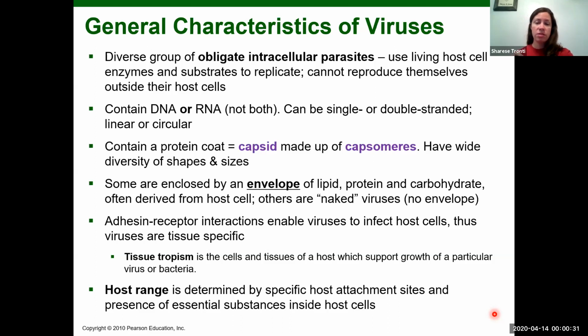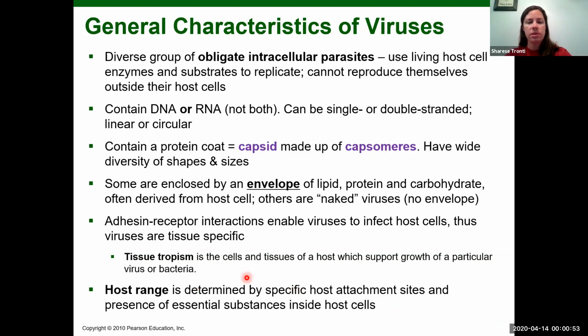What determines the specificity of a virus is which receptors it's going to bind to, and what cells have that receptor is going to be within that virus's host range. We call this tissue tropism.